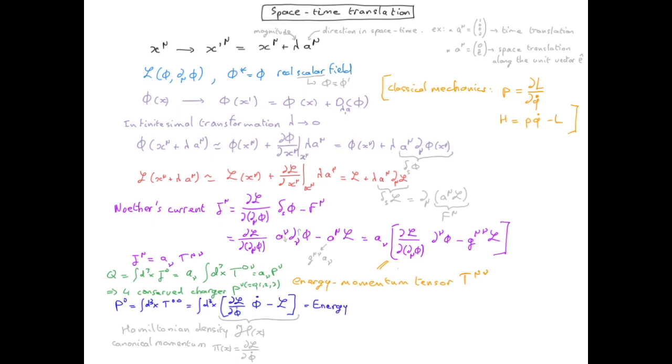And if we now consider a translation in space instead of a translation in time, we get three other conserved charges, which are the momentum of the system. And we have three of them because there are three directions in space. Remember that the covariant derivative is naturally lower, so that's actually minus the derivatives in space.